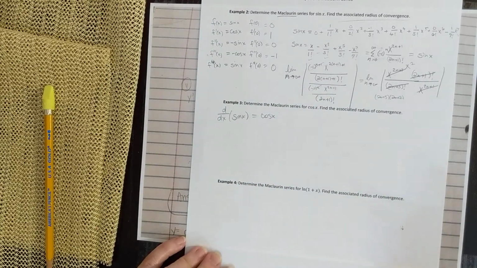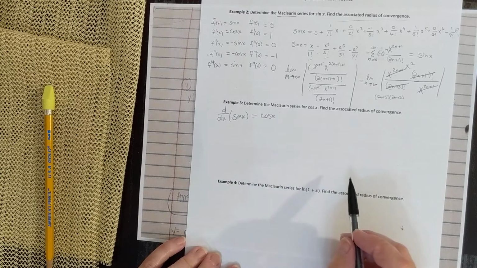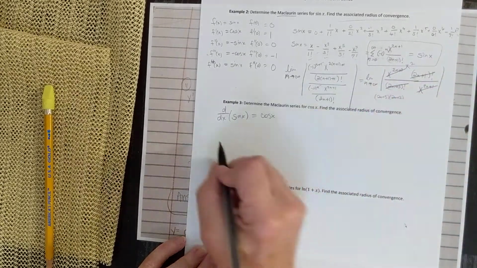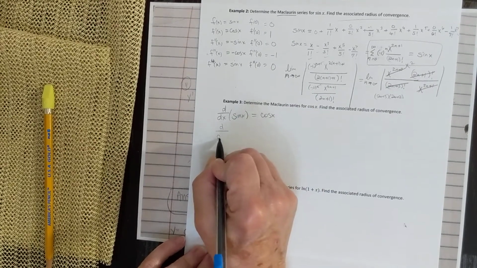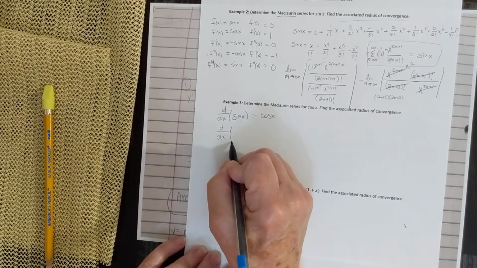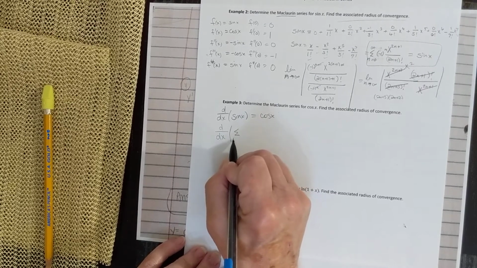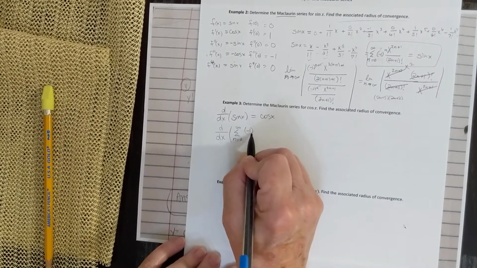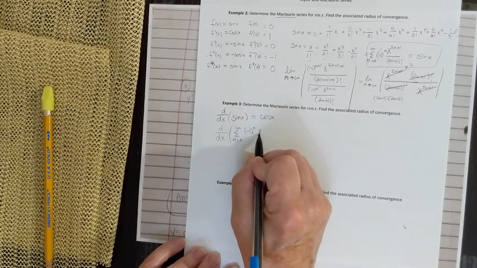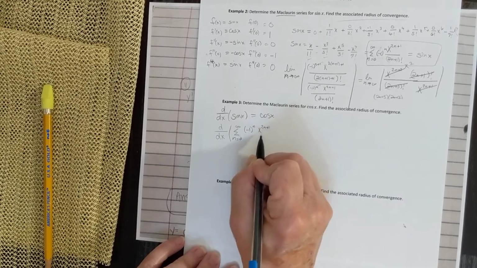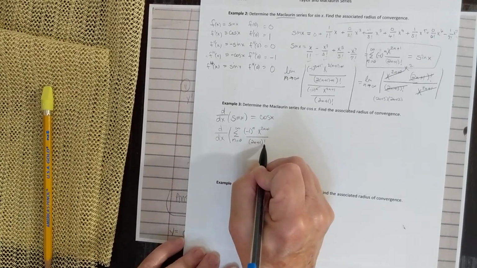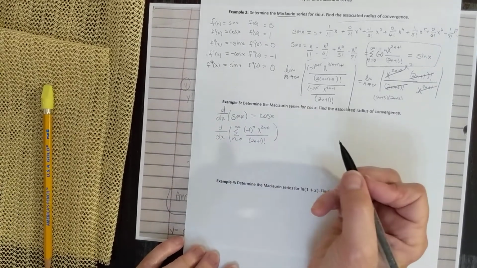So we could also say, what is the sine of x? The representation of sine of x is here, that we just got through doing. Let's take the derivative of this: the sum from n is 0 to infinity of (-1)^n x^(2n+1) over (2n+1) factorial.